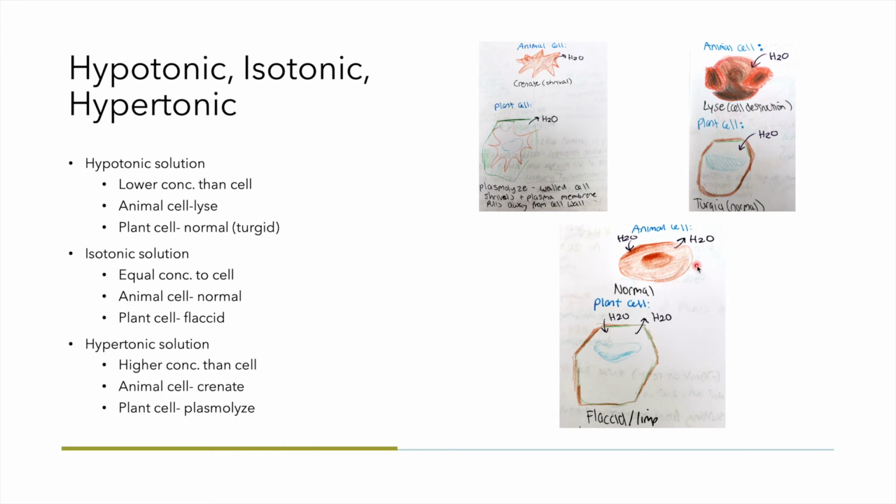In hypotonic solutions, water moves inside the animal cell and the cell lyses or bursts. In hypertonic solutions, water moves out of the animal cell and the cell shrivels or crenates.